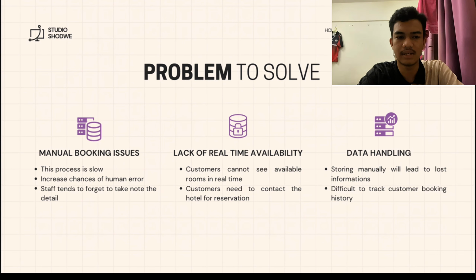And next, we found that our data handling also has many problems. Saving data manually can lead to lost information. Before this, we used paper-based records, which tend to result in unorganized records.